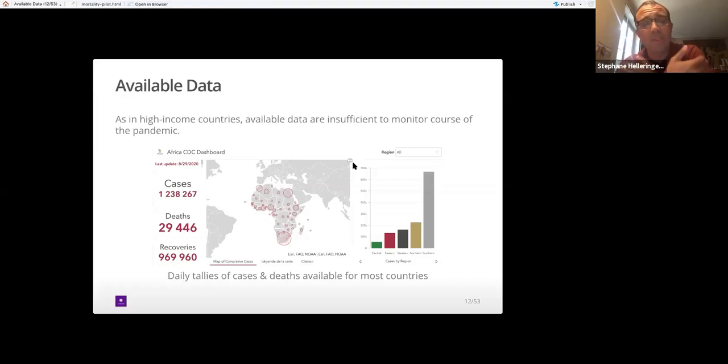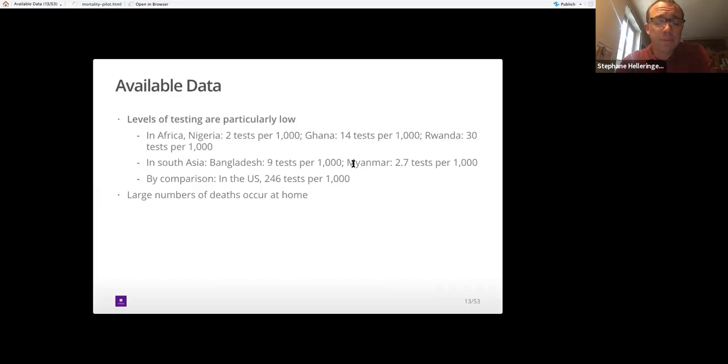They come from systems that count cases and deaths that are recorded through testing, usually that are recorded as happening in health facilities, and they are compiled in various dashboards. Like here, you have the dashboard from the African CDC. Of course, now in low and middle income countries, the issues with those kind of daily data from surveillance systems are compounded.